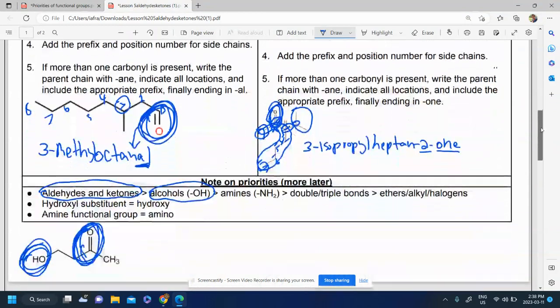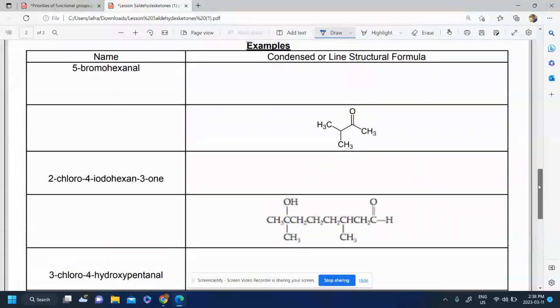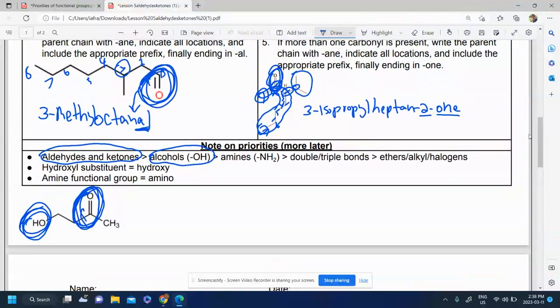Before we go do more practice problems with drawing and naming, I want to go over this one here, where you have multiple functional groups, and talk about priority in a bit more detail. Remember that the carbonyl group has higher priority than the alcohol. So this would be considered a ketone in this case, as opposed to an alcohol.